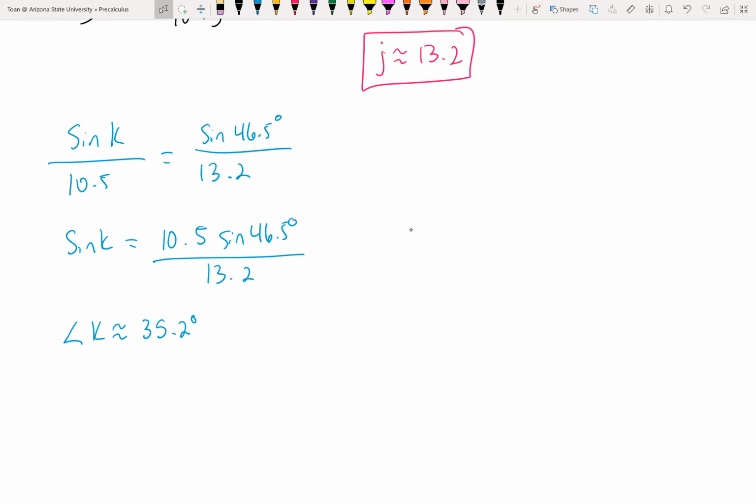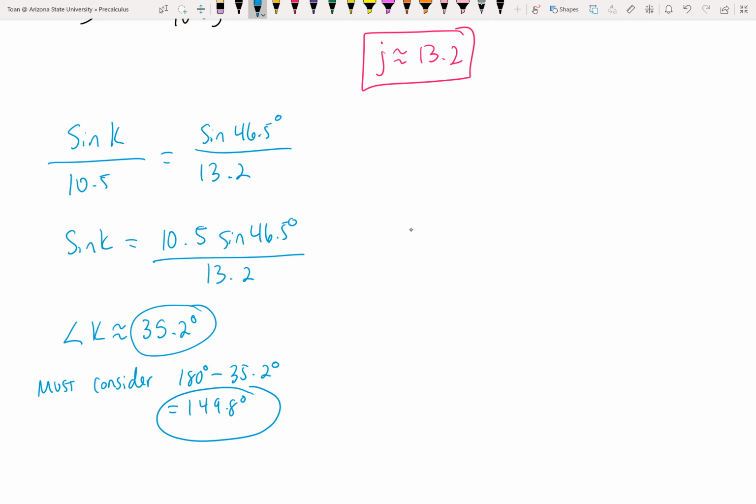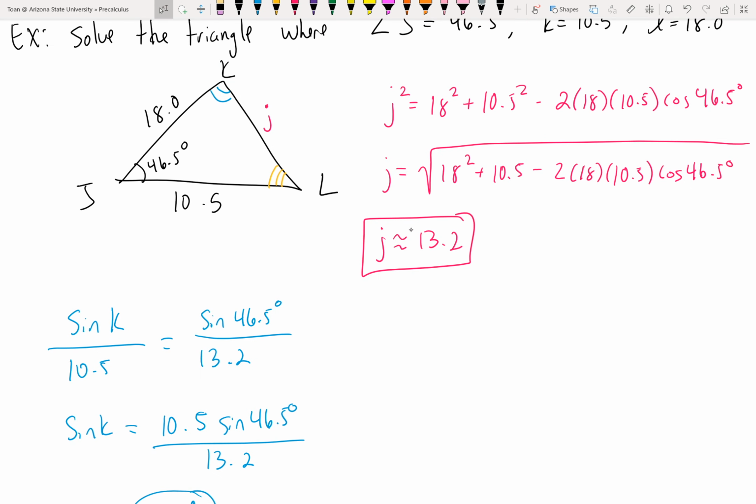Now we used an inverse sine, so we must consider 180 minus 35.2 degrees, which is 149.8 degrees. Now, both of these answers are perfectly valid. There's nothing inherently wrong with them: 35.2 and 149.8. So look at our original picture here.